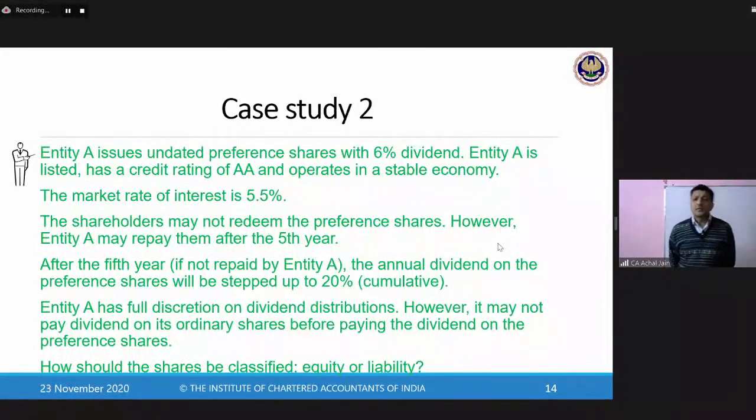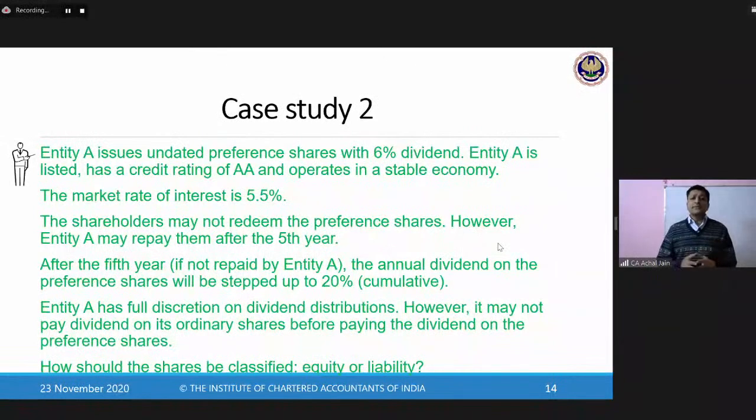In the last session, I remember there was some question regarding redeemable or irredeemable instruments. So what I would request all of you is to please ignore the legal aspects in relation to instruments that we have been discussing, because our focus in this discussion is only in respect of accounting.